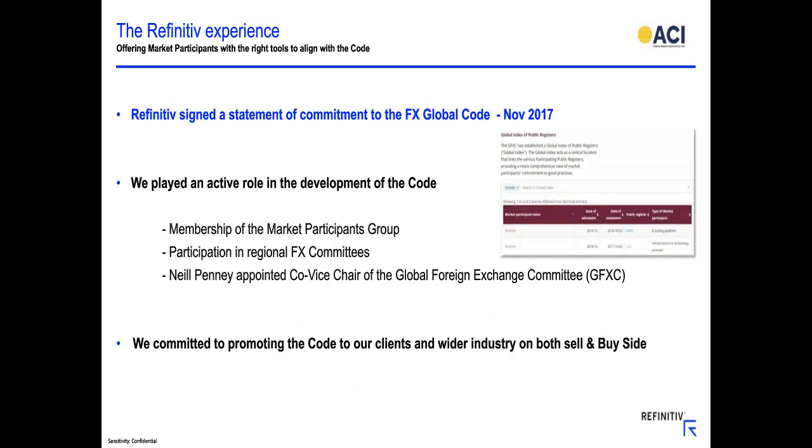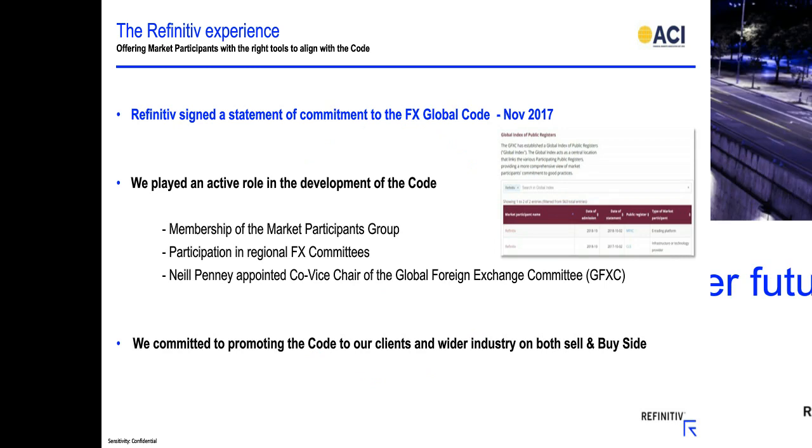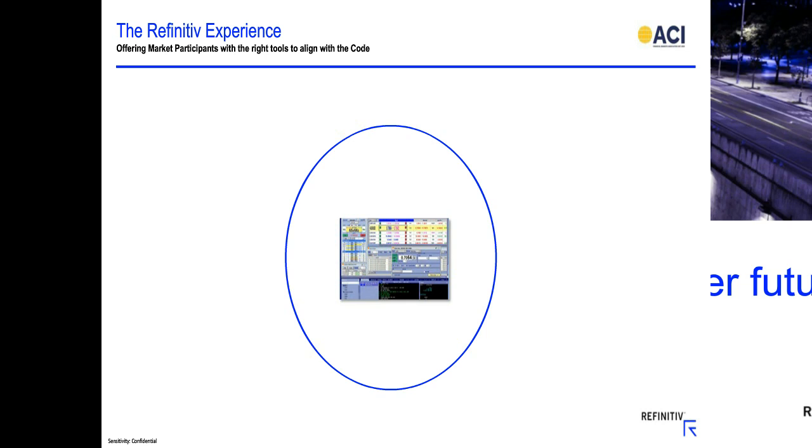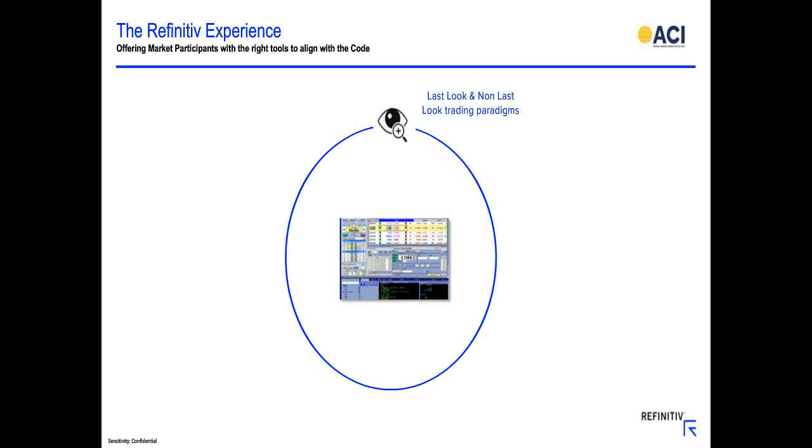Now, when it comes to what we have done, let's go through what we have put in place at Refinitiv. Now, let's go step by step. Regarding last look, we offer both trading paradigms, last look and non-last look, so that you can select the most appropriate in line with market conditions.